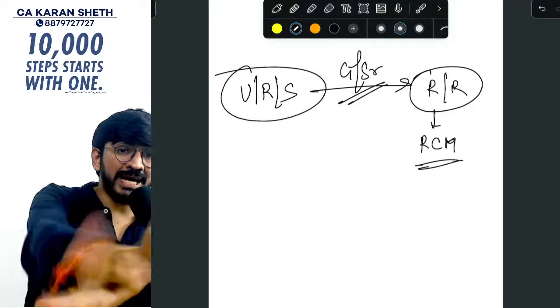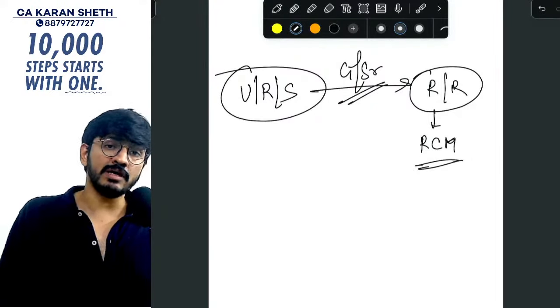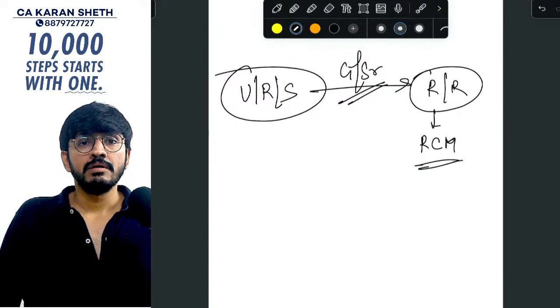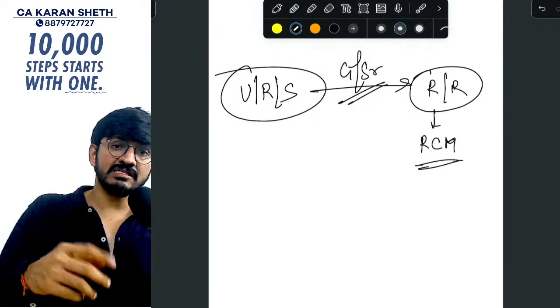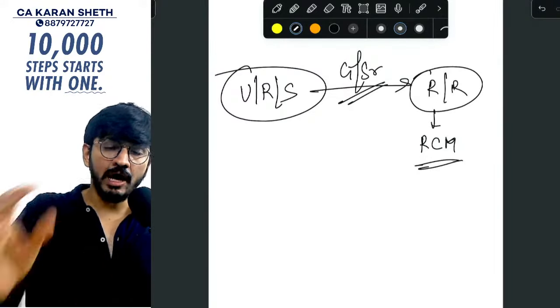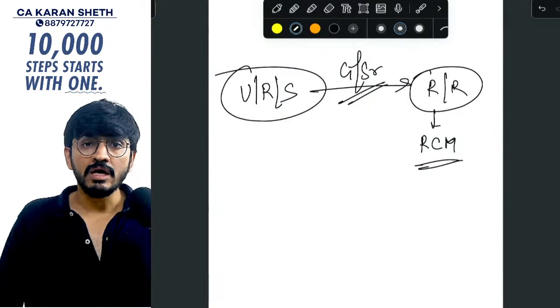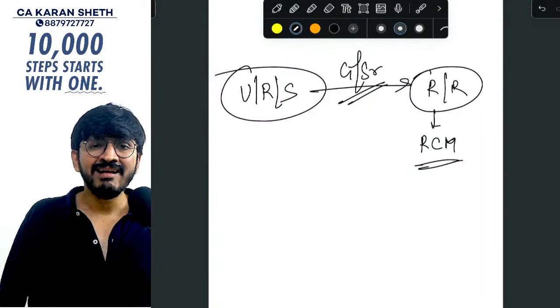So even in this petty transaction, I will have to record it because I will have to now pay tax as per RCM. And such transactions are numerous in nature. My CA and my accountants both will get mad. They will go insane. What the hell is happening here?